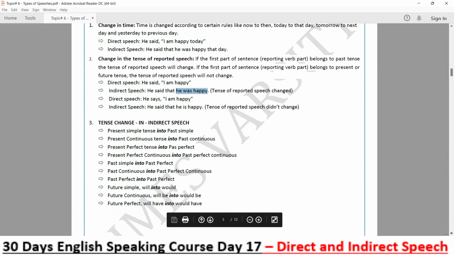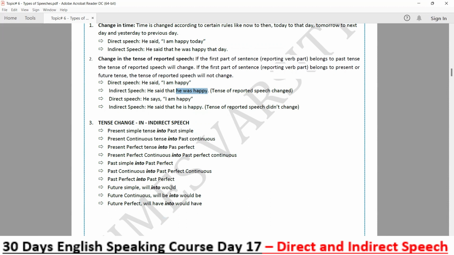Then similarly, past simple into past perfect. If it is in past simple, then it should be past perfect. If it is in past continuous, then into past perfect continuous. If it is in past perfect, then it is past perfect. So it means we cannot change past perfect continuous. Okay, it is not feasible. That's why it is not mentioned. Then future simple will into would.